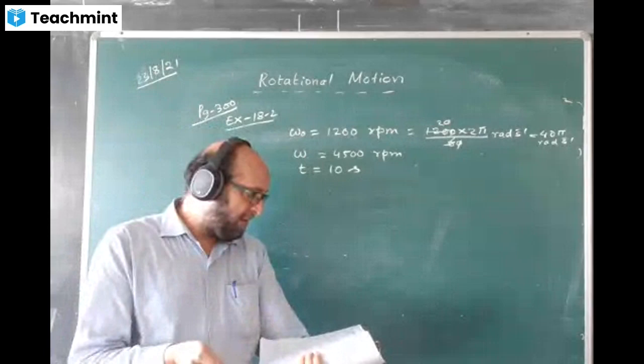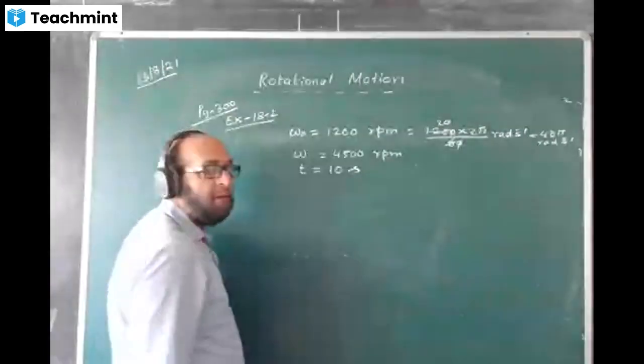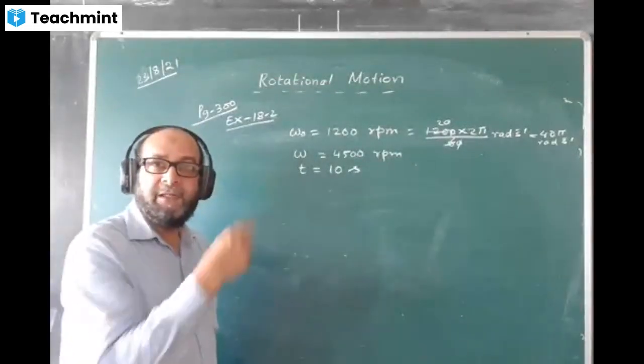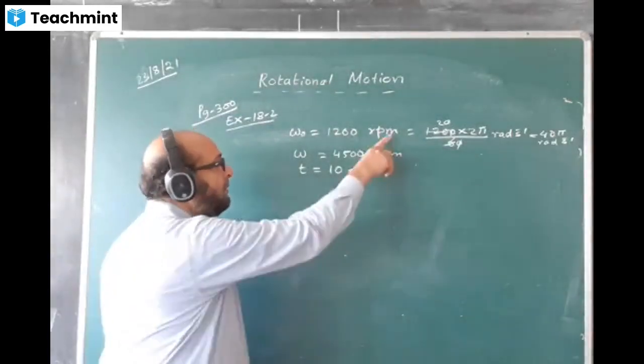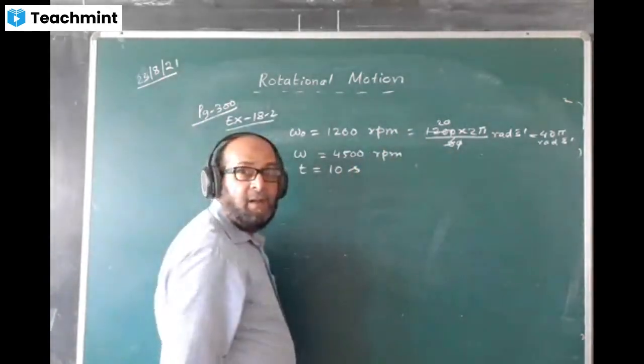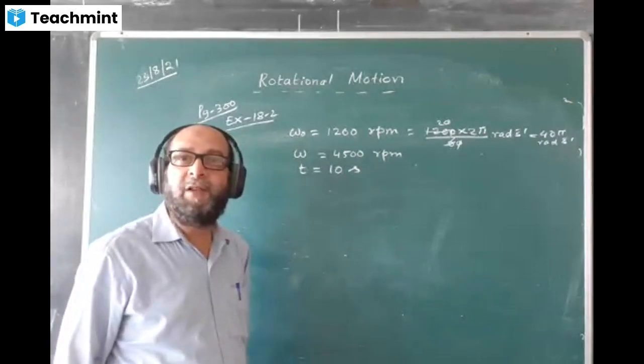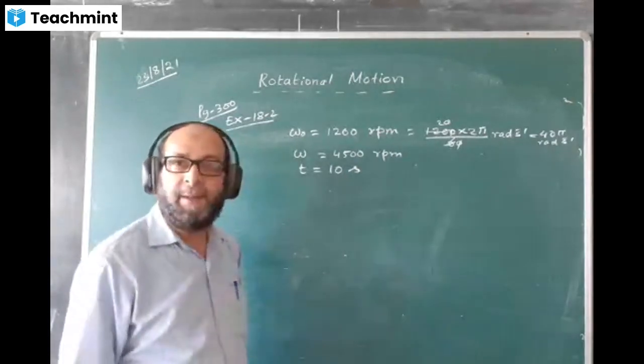So I convert: 1200 RPM into 2 pi radian, since one revolution is 2 pi radian, and minute I change into seconds, a minute is 60 seconds. After cancellation, the answer is 40 pi. If you want, you can put the value of pi, but I'll just leave it like that. 40 pi.